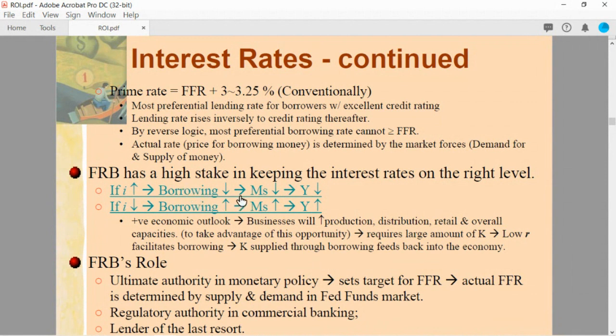So the point is, businesses reduce borrowing. And also, I told you, after the financial crisis, it was a recession, right?